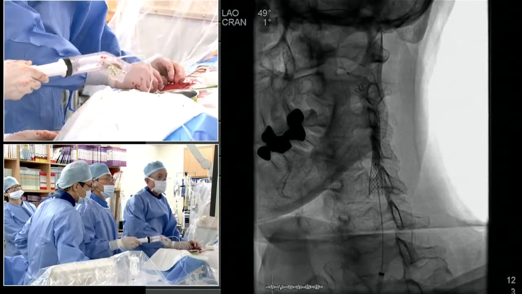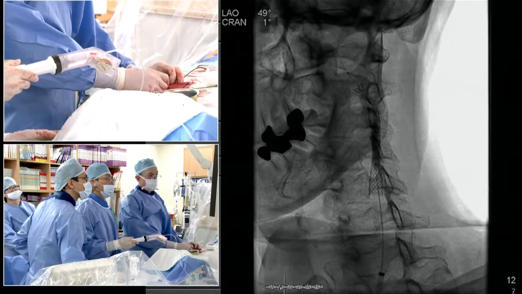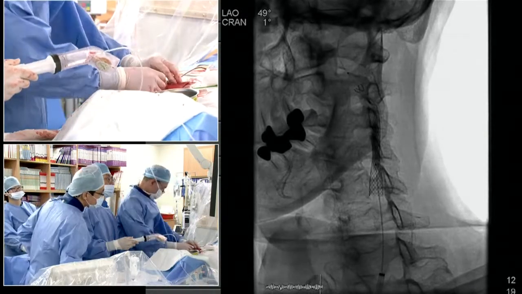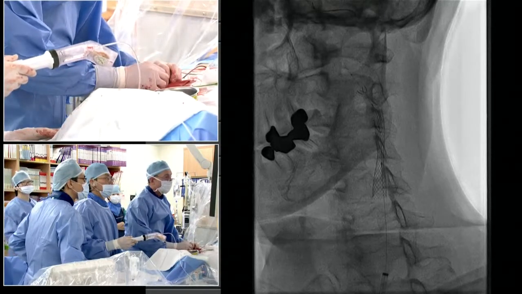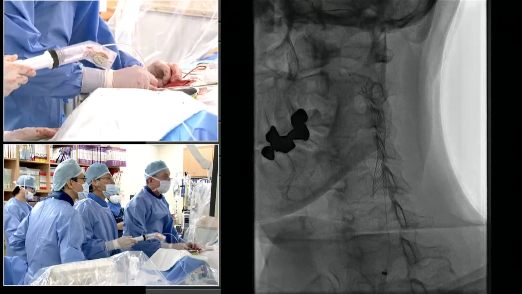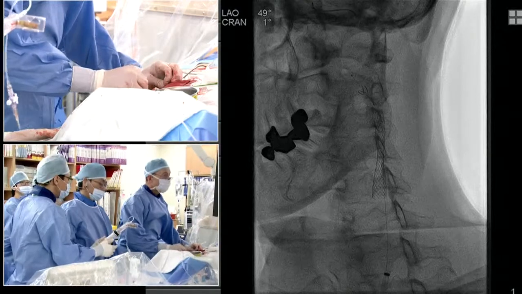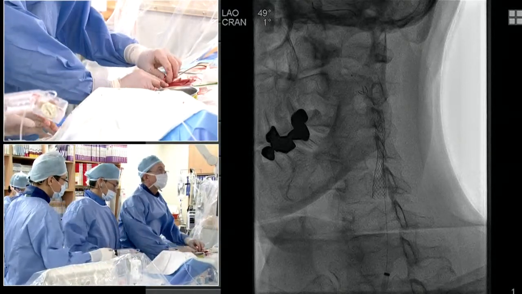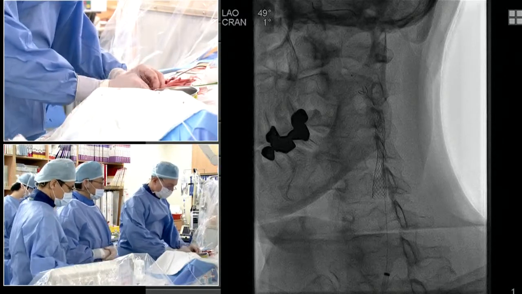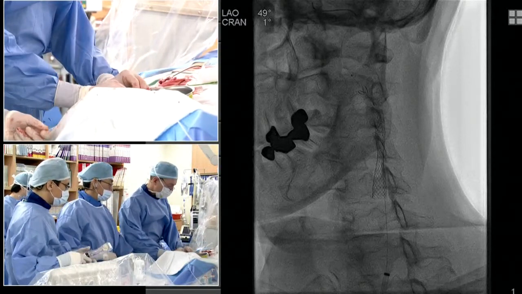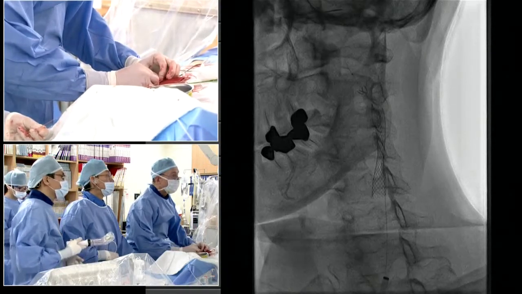How did she tolerate that in terms of her hemodynamics? So her blood pressure dropped to 100 with that, and her heart rate 43, and she's very stable clinically, so I'm just going to let her ride that out. I chose to use the same balloon to post-dilate as to pre-dilate. You can see that there's been some recoil there. My thought is, if you look at the distal ICA, the diameter in the distal ICA is considerably smaller than the area in which we're working.